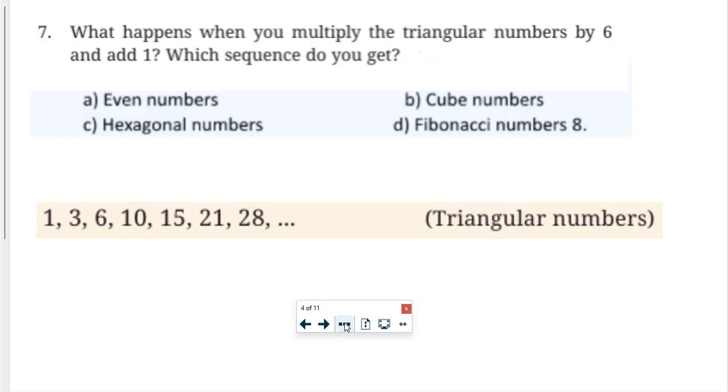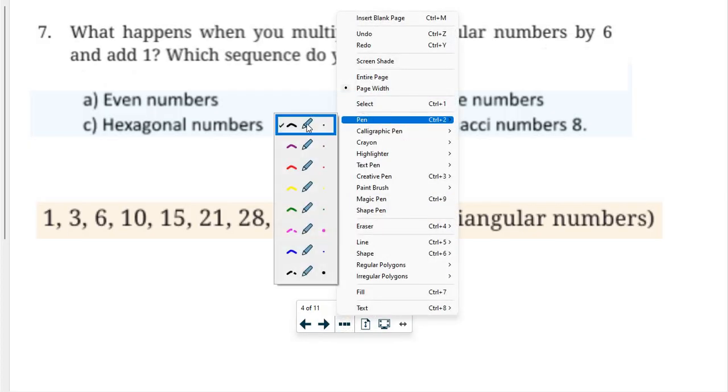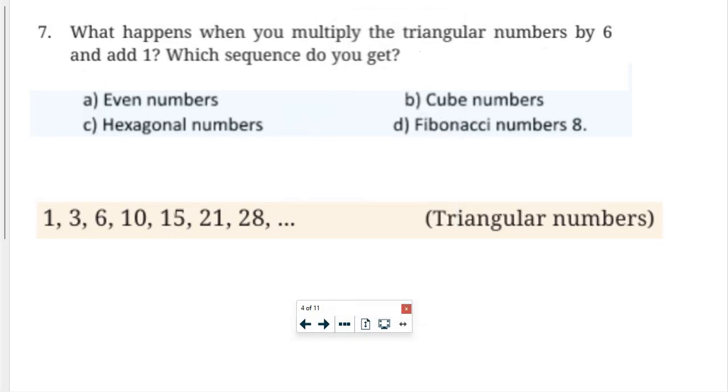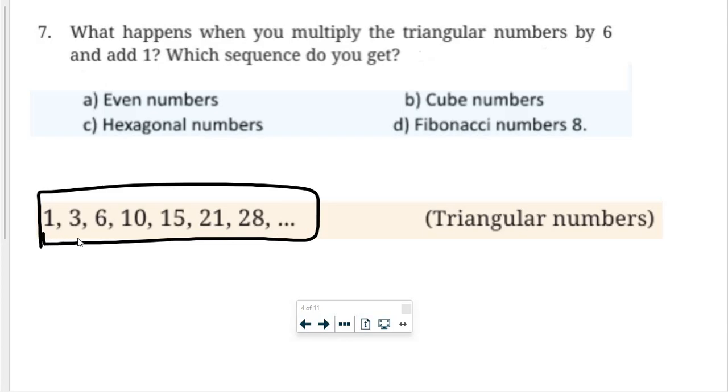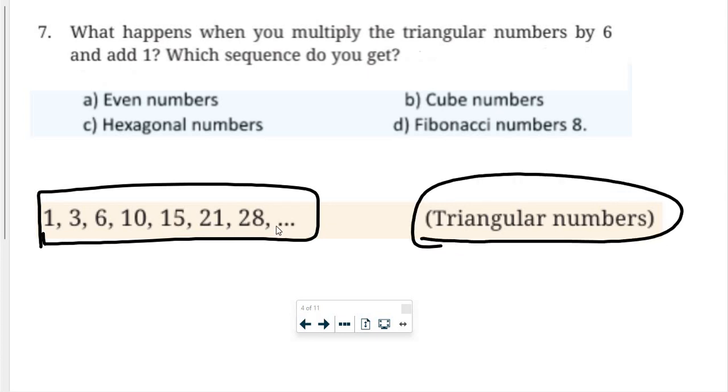First of all, you have to know what the triangular numbers are. These are triangular numbers: 1, 3, 6, 10, 15, 21, 28. And they keep going to infinity.